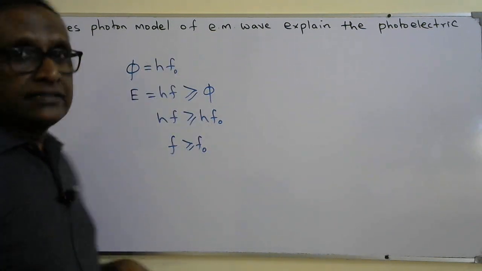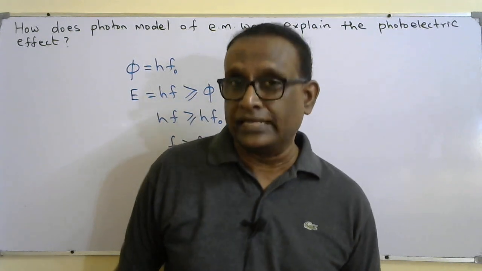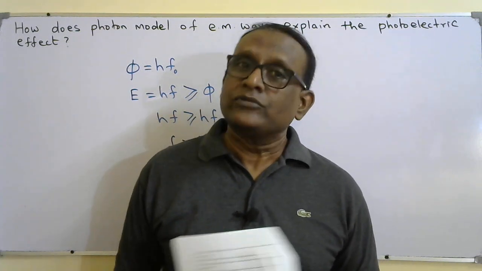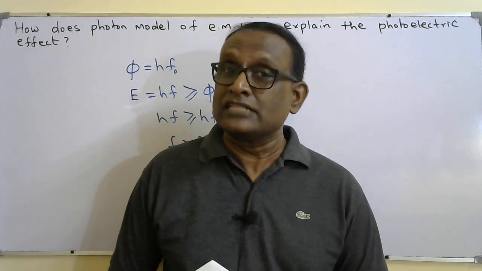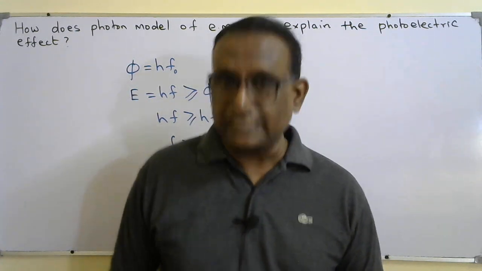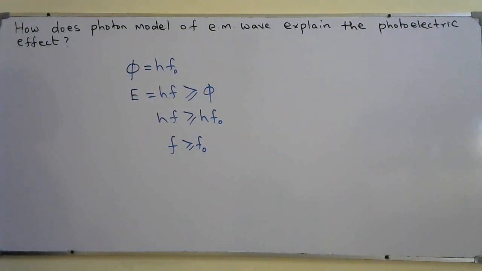Each and every metal has a threshold frequency. So only if the frequency is greater than the threshold frequency will the electron be removed. The first problem that we were unable to explain by wave theory, we are now able to explain by using the photon model.